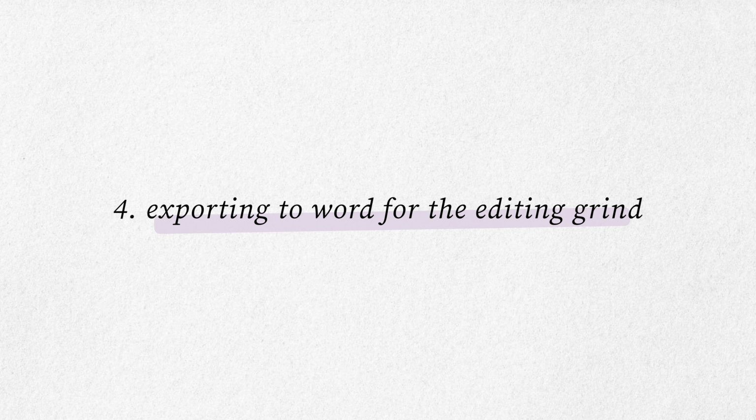But if there's a particular chapter that will need very heavy lifting, then I will mark it with red in Scrivener. I will work through my edits in Scrivener as much as possible, and once I am done, I will export that to Microsoft Word.